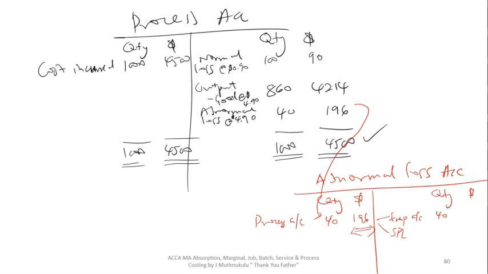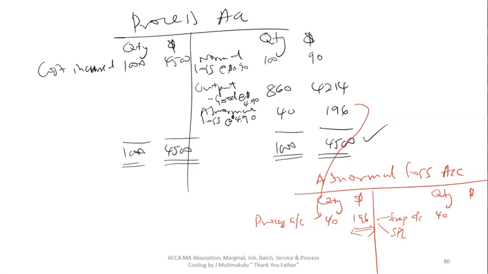The losses are going to affect our profit. So we don't need to worry about the quantities for the statement of profit or loss. We do not have to transfer the quantities there.